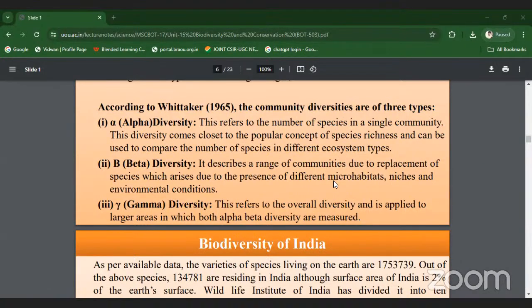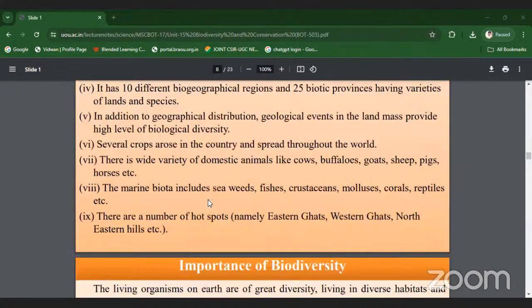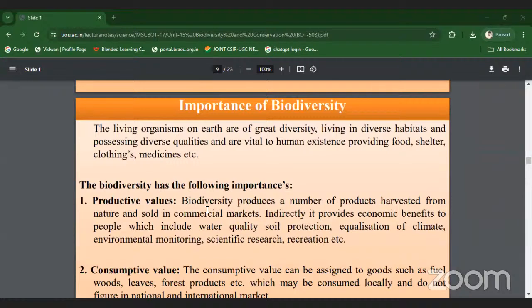Biodiversity in India. Before that, in our book the value of biodiversity is given. Value means how important it is. The living organisms on Earth are of great diversity, living in diverse habitats and possessing diverse qualities.